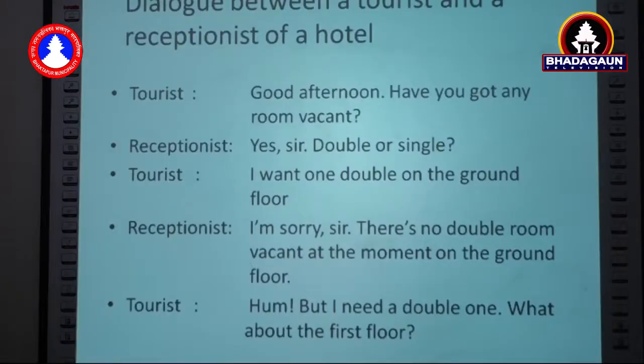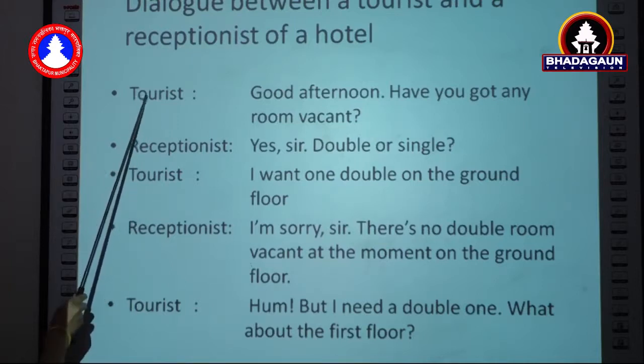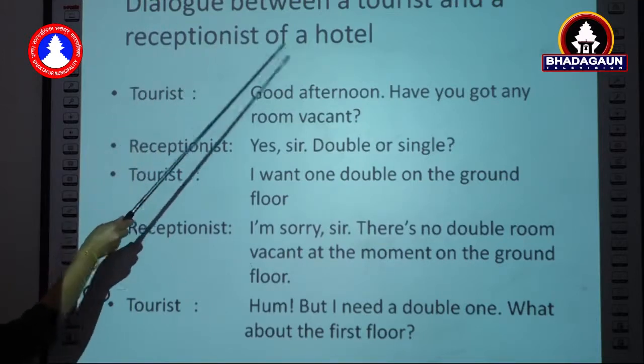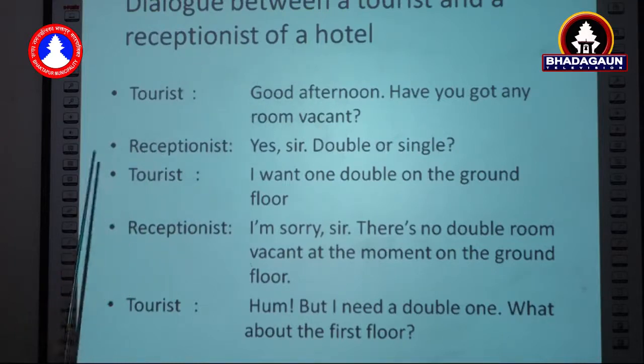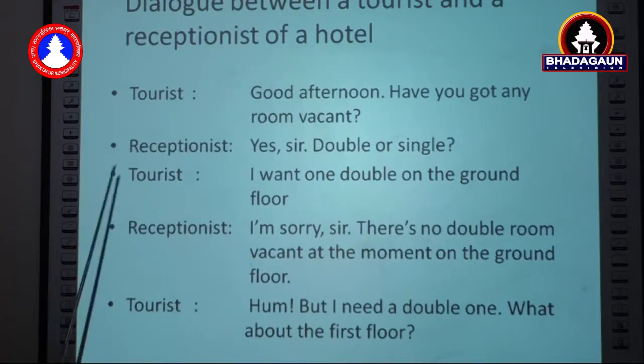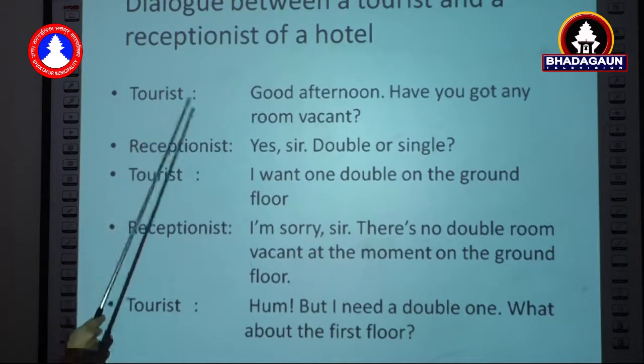Okay. So as I talked to you earlier, first of all, I want to stress the layout and format. In this dialogue, this is a dialogue between a tourist and the receptionist of a hotel. So here we have the tourist and the receptionist.